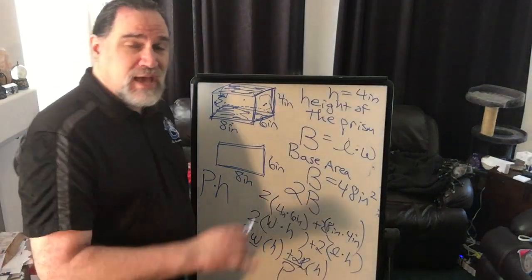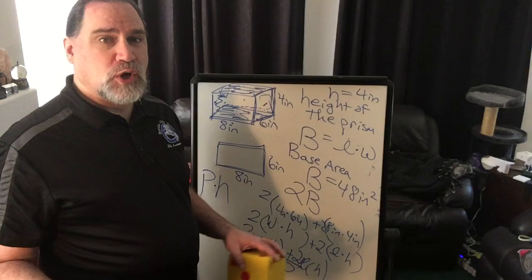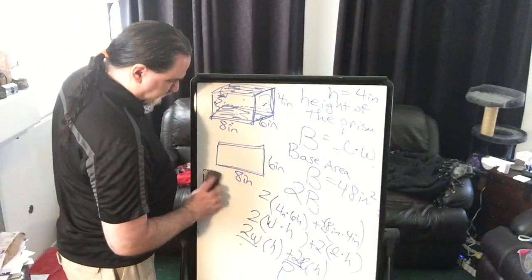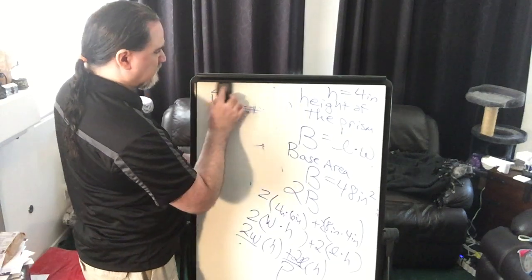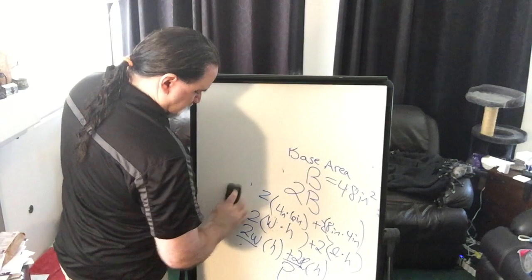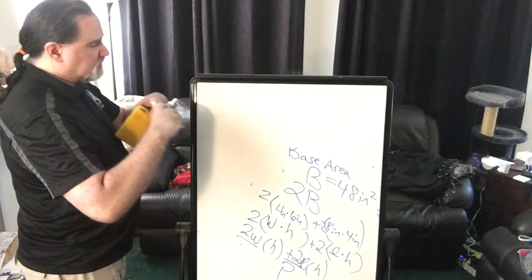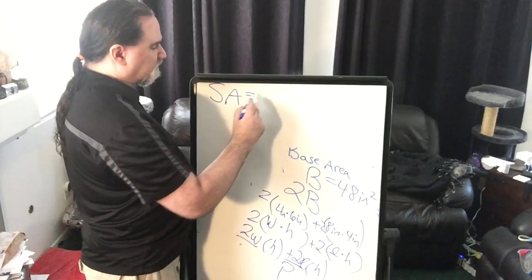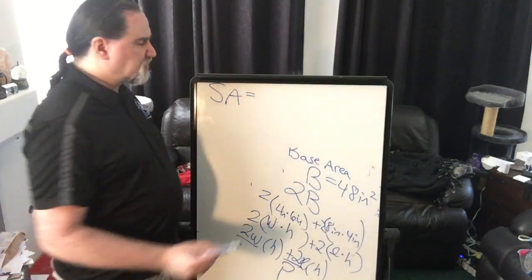Okay? So now we can put this all together in one gigantic formula. So here we go. I'm going to erase some of this. I'll write it right here at the top. So surface area. So this is the formula for finding the surface area.